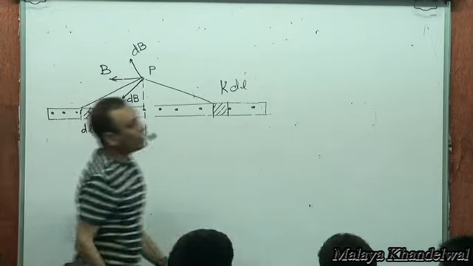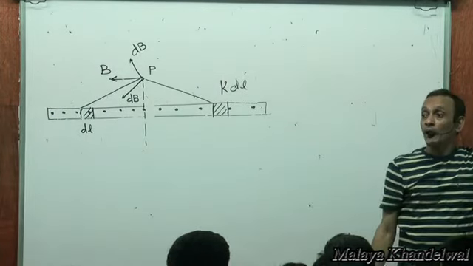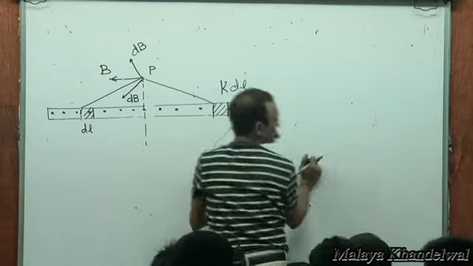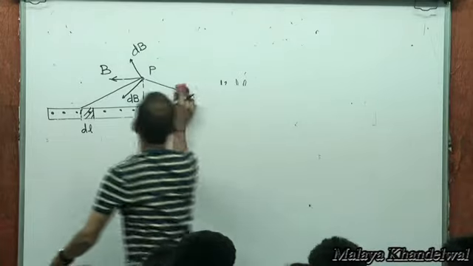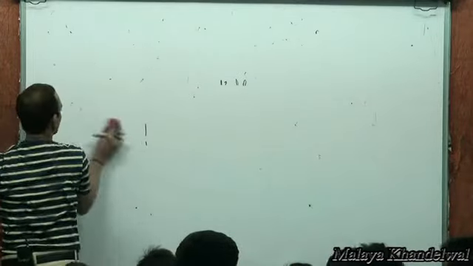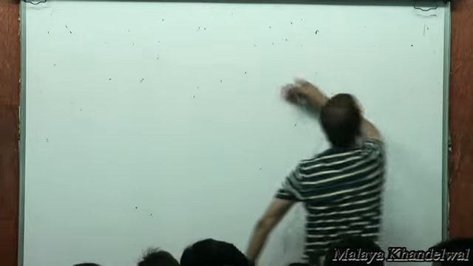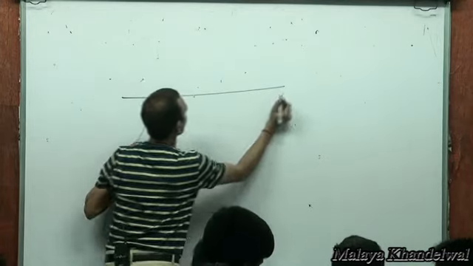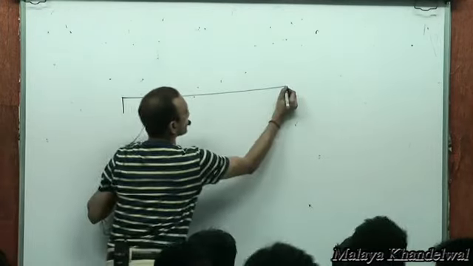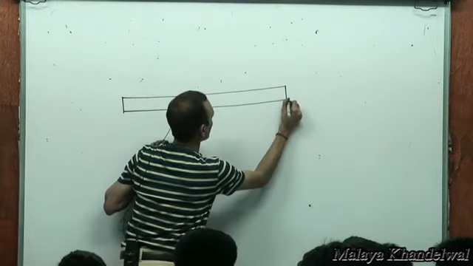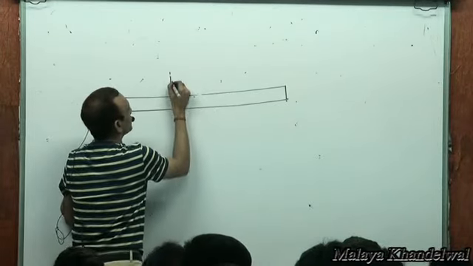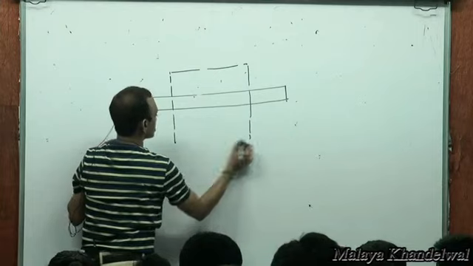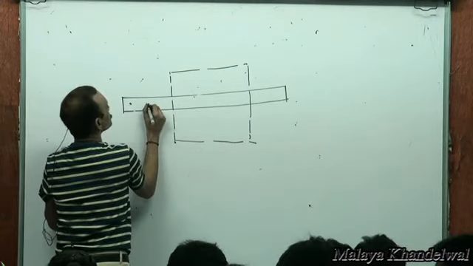Clear? Now, I'm going to deploy Ampere's circuit law towards this computation, right? What we do is, I take a loop like this, and all the currents are going into it.